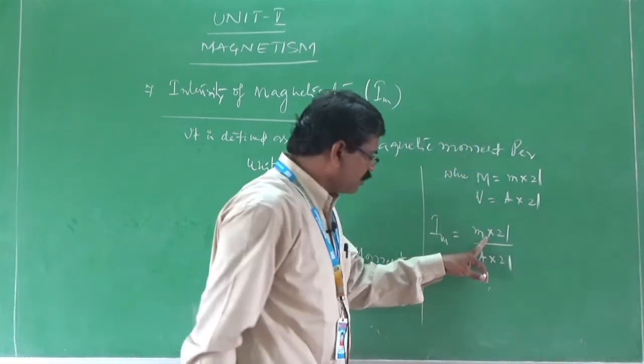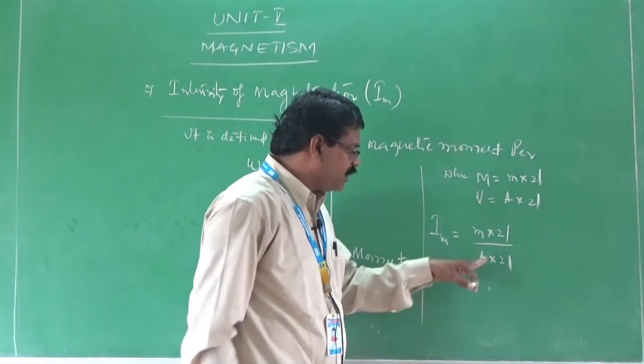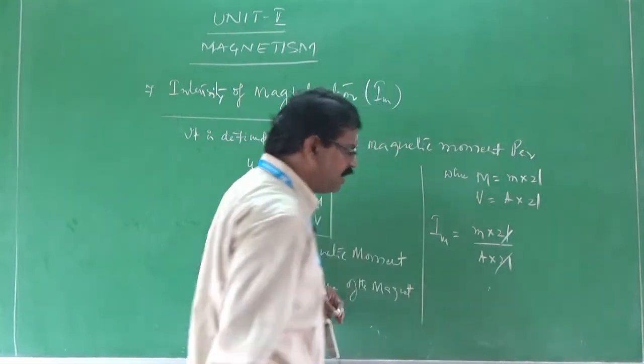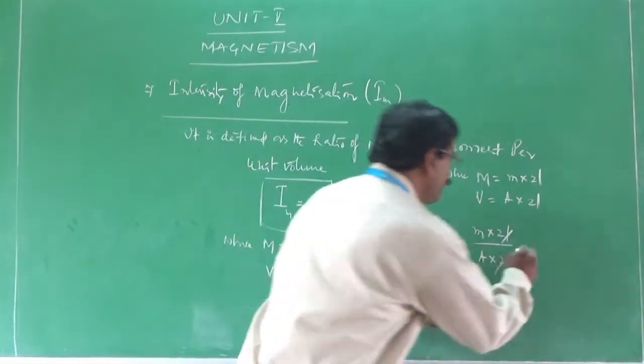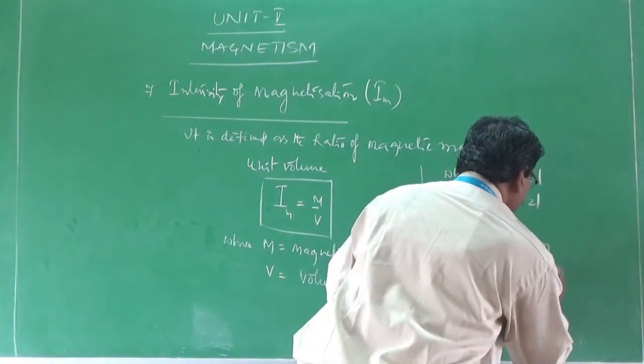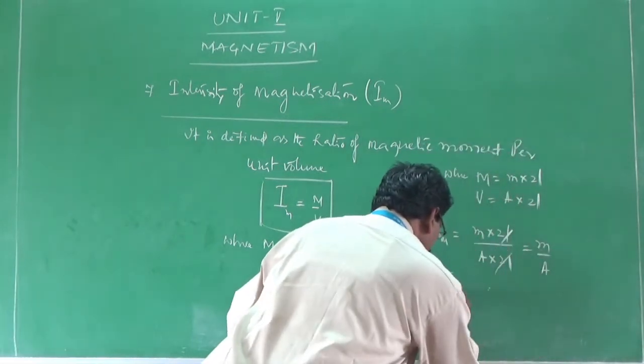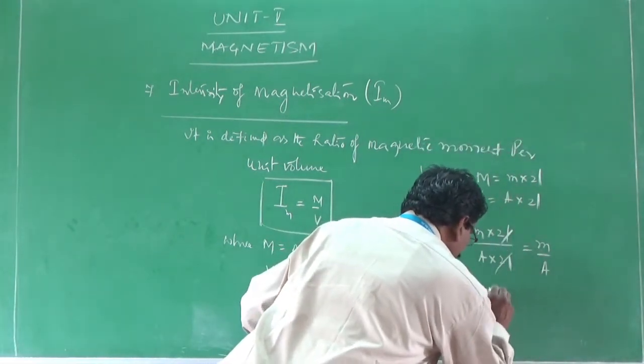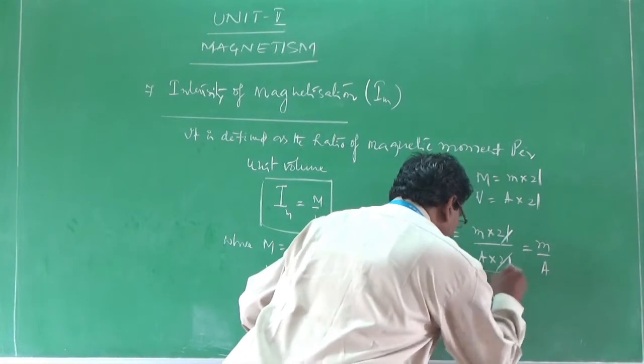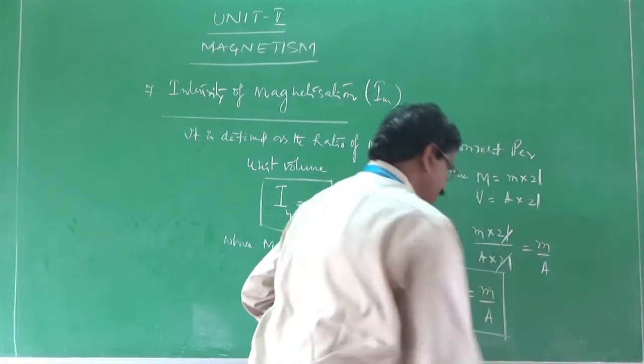And in the numerator term and the denominator term, 2l is there. So cancelling both of them, I will get Im is equal to m by a. Now I define the intensity of magnetization: Im is equal to pole strength per unit area of cross-section. So we can define it like that also.